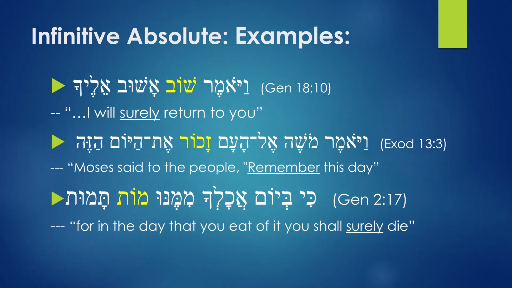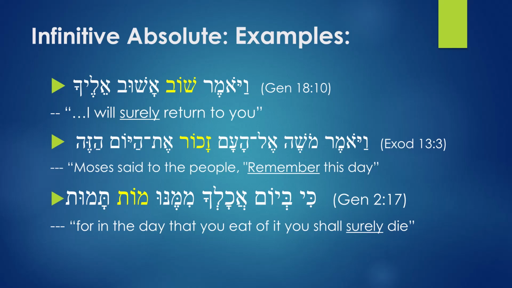Let's look at the second one. Vayomer Moshe el ha'am zakor et hayom hazeh. In this phrase we have the infinitive absolute, zakor, and zakor in this case is used in place of an imperative. And so the phrase is, and Moses said to the people, remember this day, et hayom hazeh.